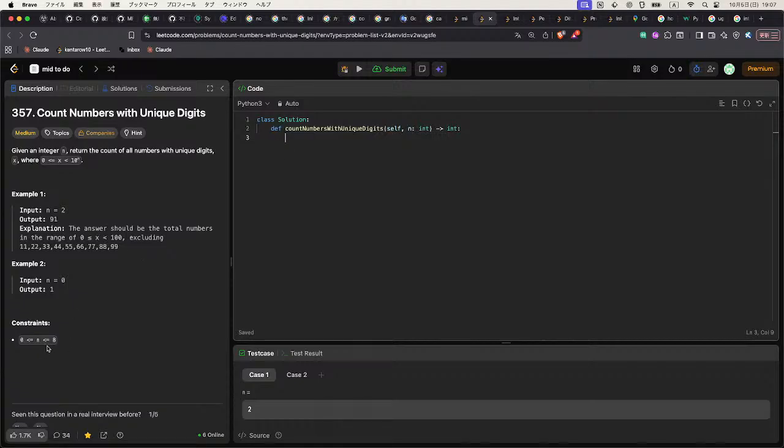And n is 8 at the most. That means the range would be 100 million at the most. So we shouldn't look at every number, right?